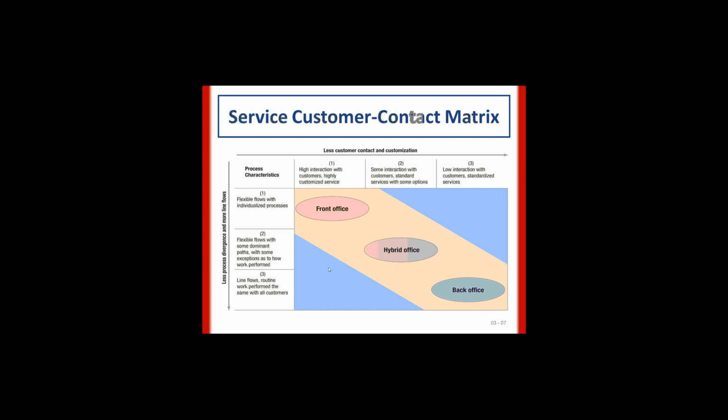And there are processes in the middle, which we call hybrid office, with somewhat of customization and flexible flow. The picture also shows that the yellow line is the recommended area that an organization should choose to be in, in order to have a more competitive advantage.